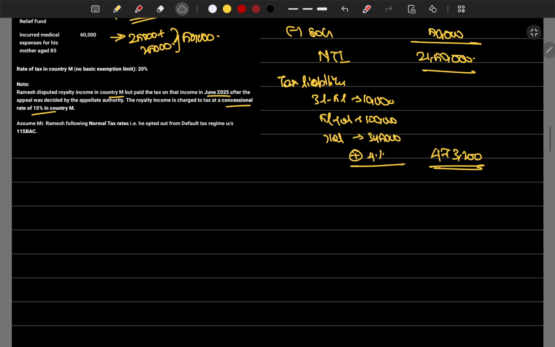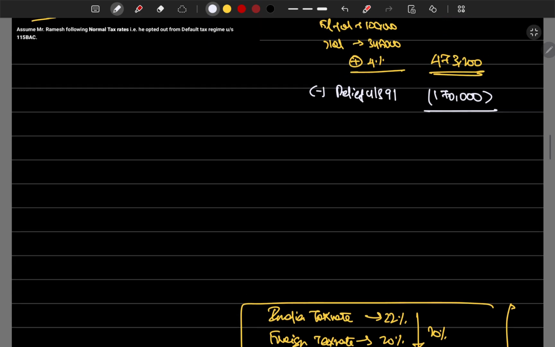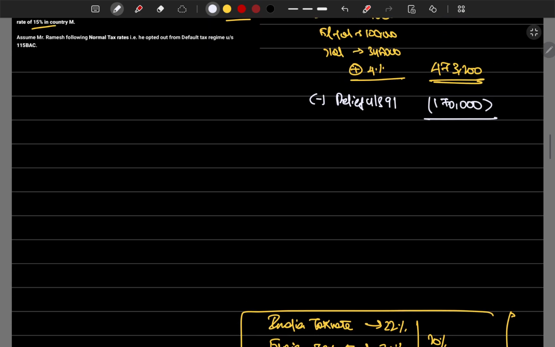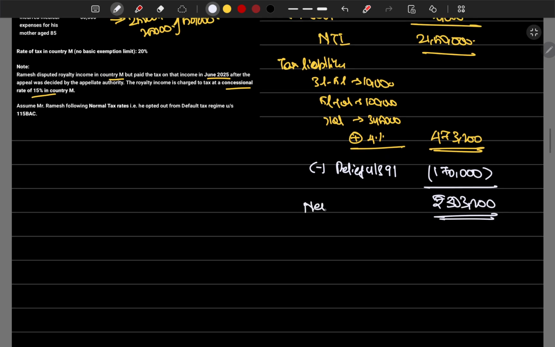Tax liability, minus relief under section 91, which is 1,70,000. Deduct that, we'll get rupees 3,03,200 as the net tax liability. Yes, this is the answer.